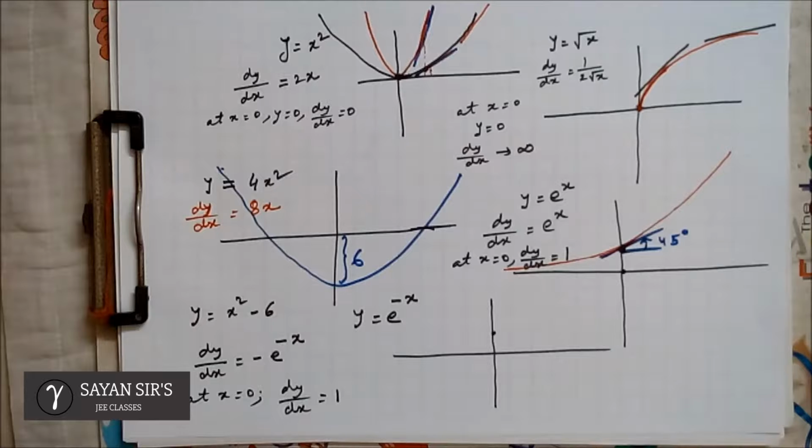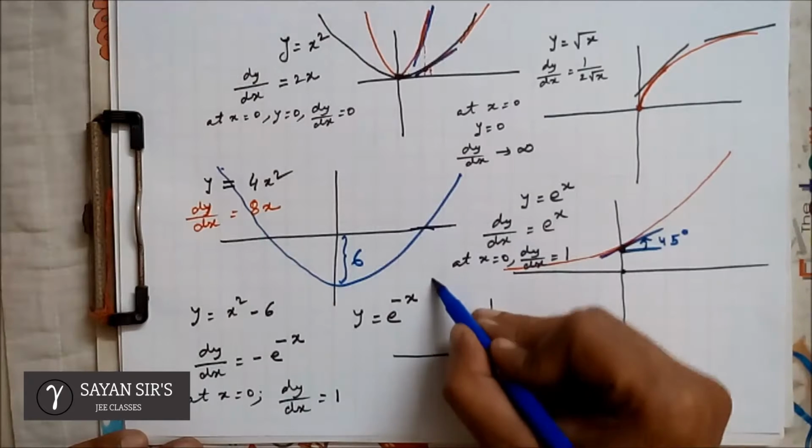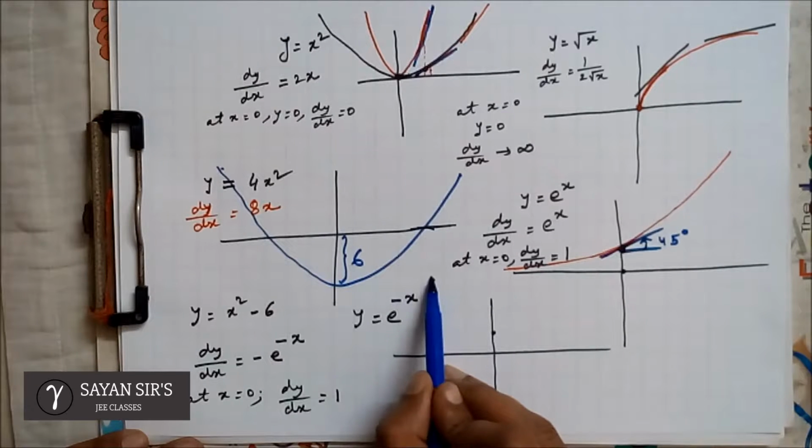So the tangent drawn to the graph at the origin will make an angle of 135 degrees with the positive x-axis. So my graph will become something like this.